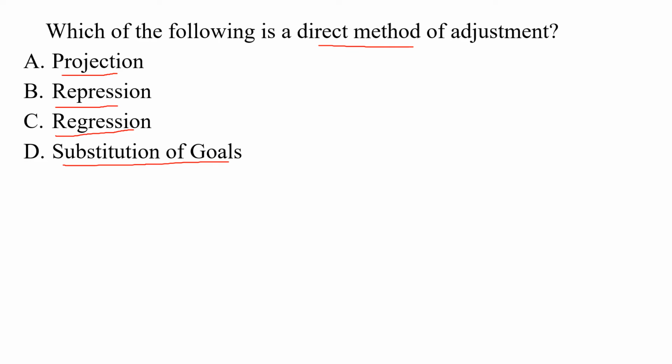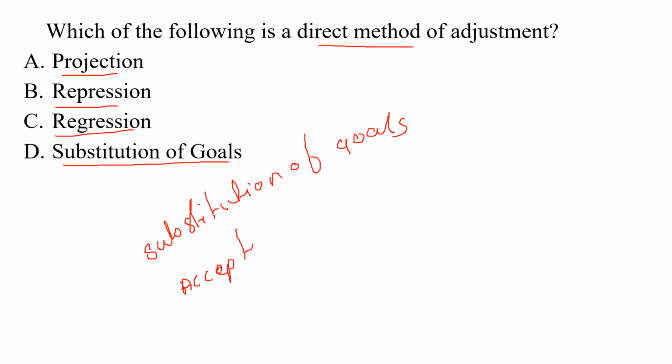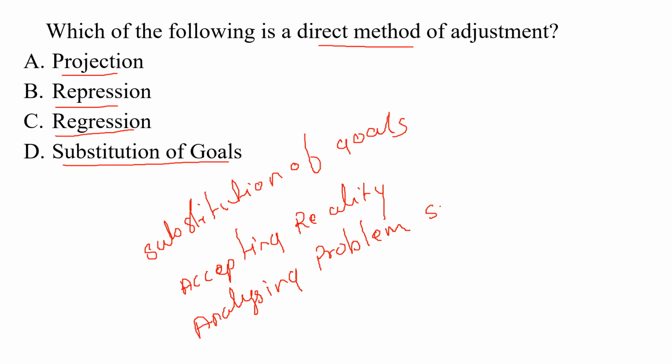The direct methods of adjustment are substitution of the goal, then accepting reality, analyzing problem situation, and the last one is diverging one's interest.